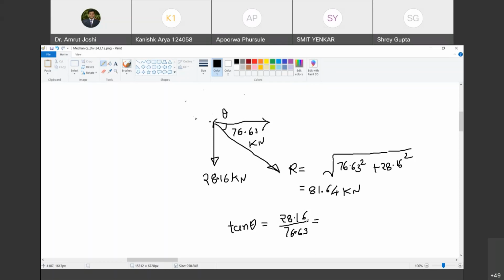Are you with me? 20.17. So this implies theta is equal to 20.17 degrees. So this is our answer. The magnitude of resultant R is 81.64 kilonewton. It is located in the fourth quadrant, making an angle of 20.17 degrees with the x-axis.